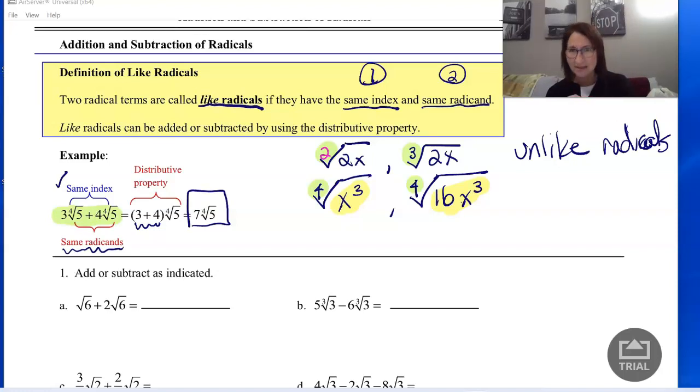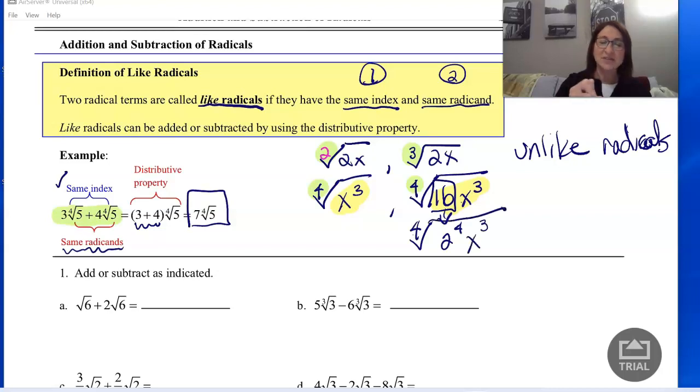With that second radical, we can take that 16, and 16 is exactly the same as 2 to the 4th, times x cubed. And if I have an exponent that matches my index, I can simplify by bringing out the root.